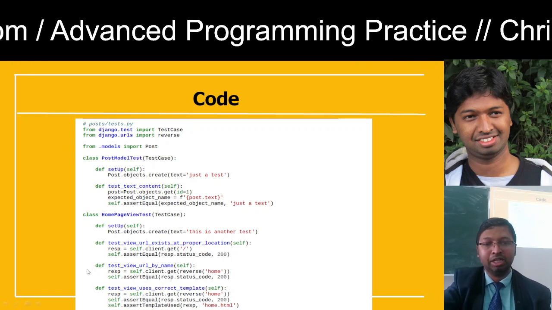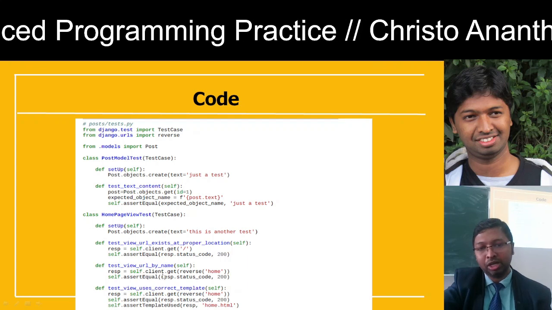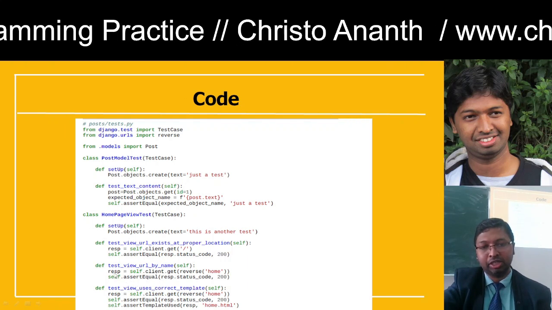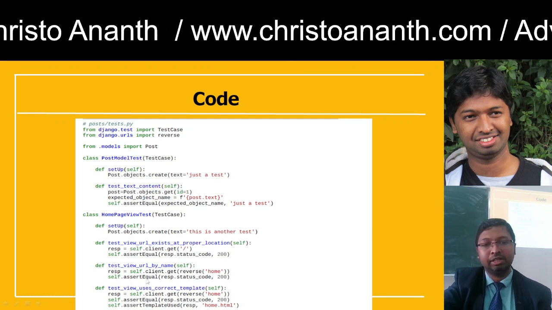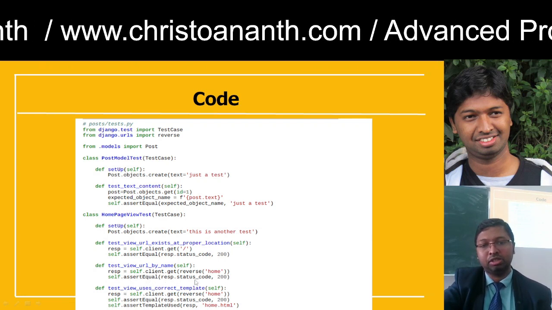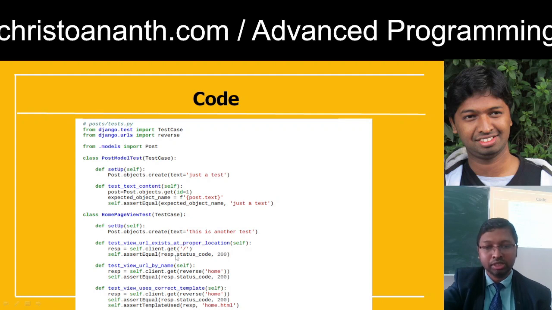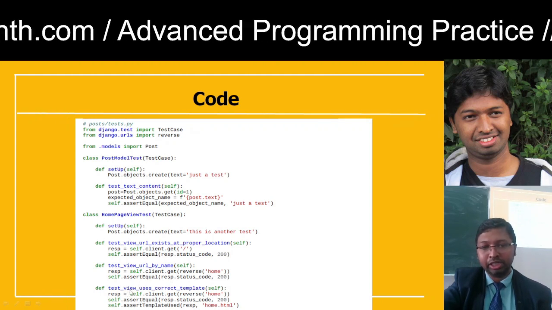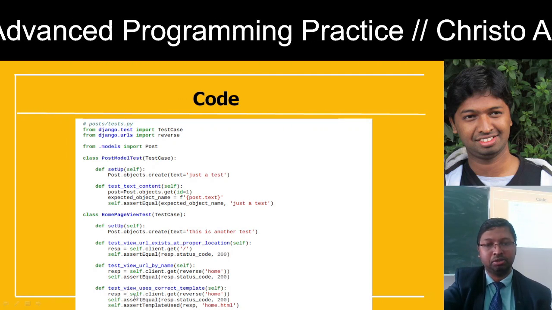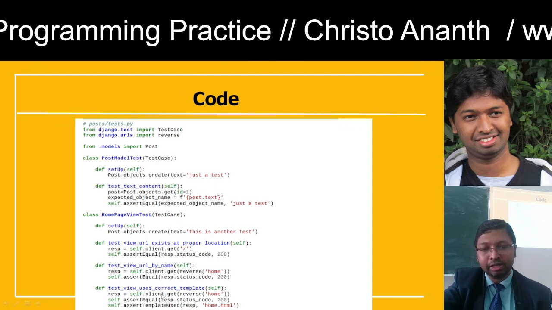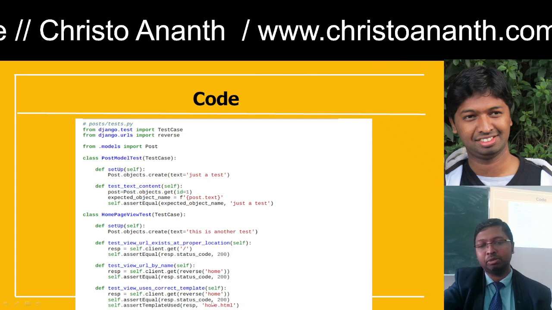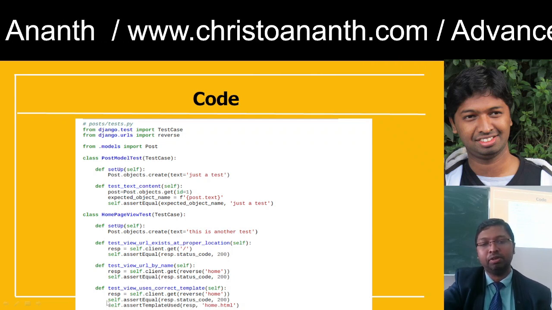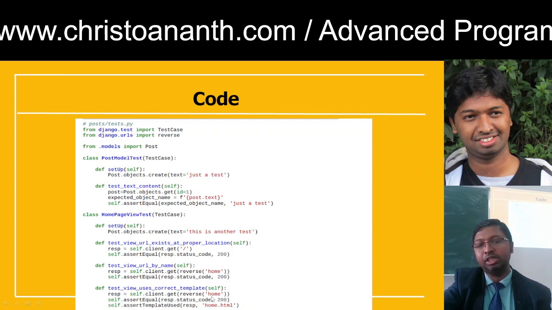Okay, and similarly for test_view_url_by_name, you will be specifying the response equal to self.client.get(reverse('home')), and then self.assertEqual response.status_code 200. Similarly for test_view_uses_correct_template. Okay, so you are specifying response equal to self.client.get(reverse('home')), and self.assertEqual the response status code 200, self.assertTemplateUsed, it is home.html.